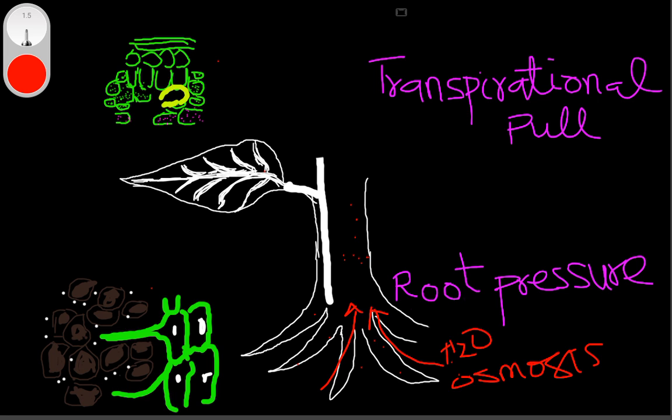Okay, in osmosis, the flow of water will be from a region of lower concentration to a region of higher concentration. So because of the presence of the sugars that are manufactured in this plant, water will flow from the soil through the roots into the whole body of the roots around this area.